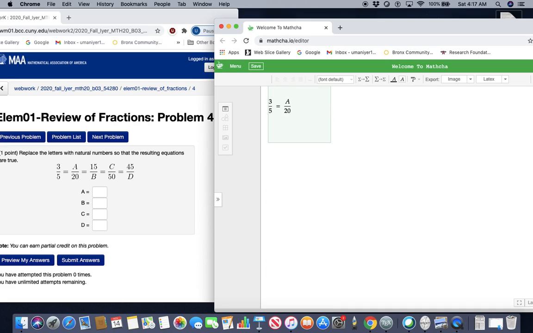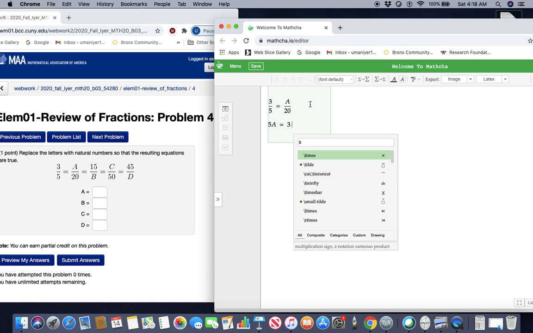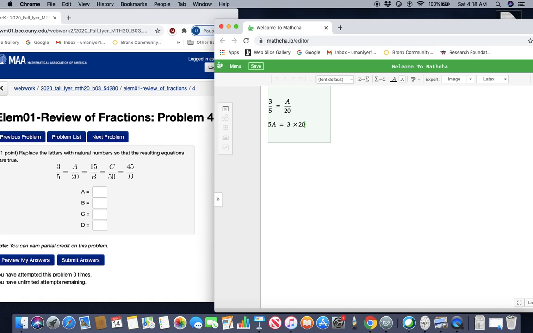I have left everything else aside. Since it's an equation of fractions, you can cross multiply. 5 times a equals 3 times 20. If you know your multiplication, you will see that this is 60, but even if you don't, you can leave it like this.